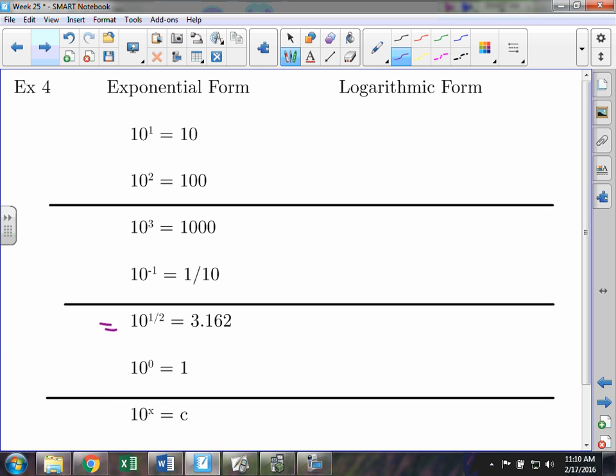Remember, the 1/2 power means square root. So the square root of 10 is approximately 3.162. 10 to the 0 is 1. And more generally, we want to generalize these specific pieces to determine how John Napier chose to write out this fact. 10 to the x equals c.